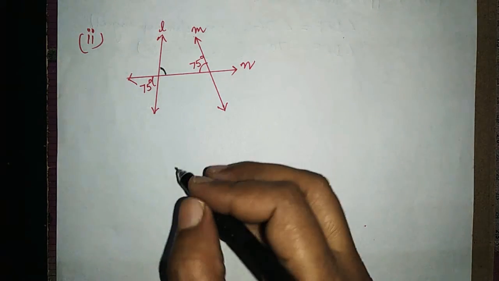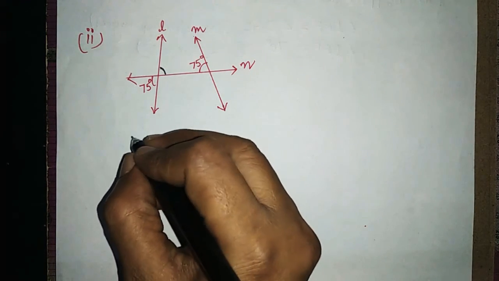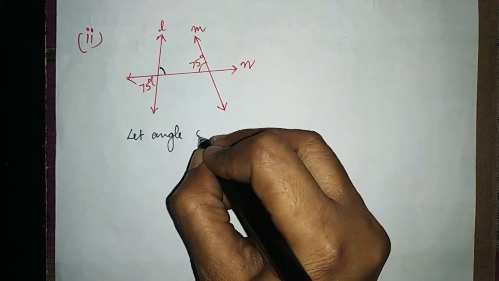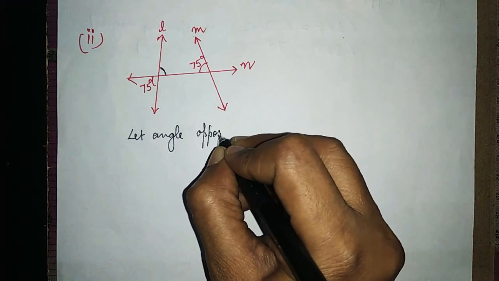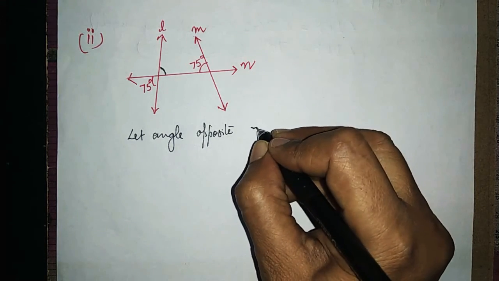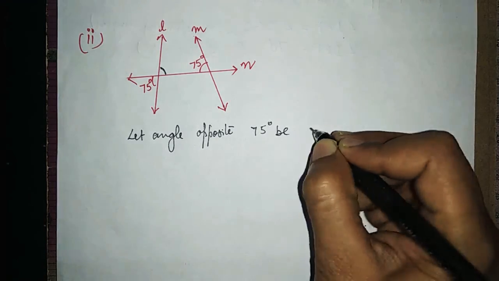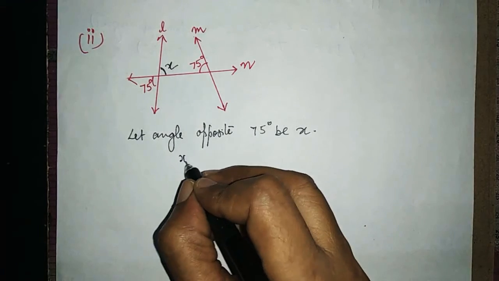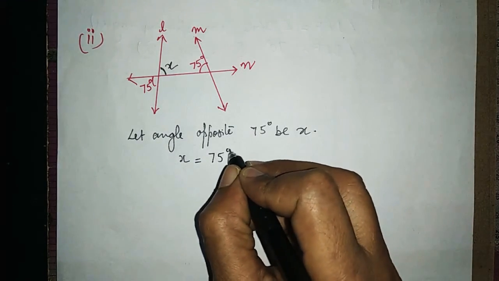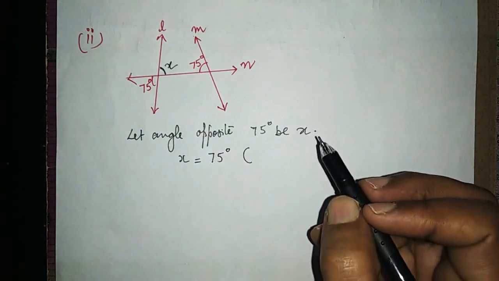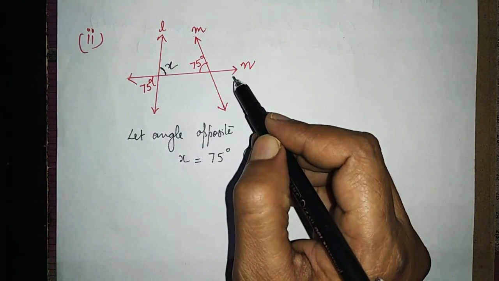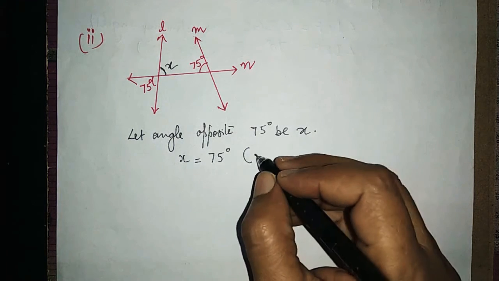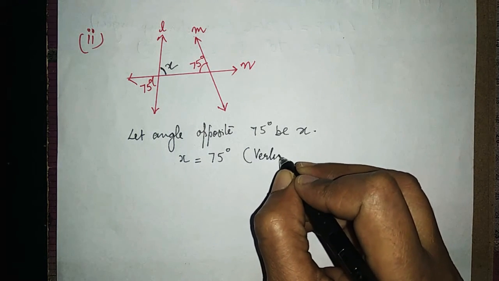So here we will write, let angle opposite 75 degree be X. So X is equal to 75 degree. Why they are equal? Because they are vertically opposite angles. Okay. So X is equal to 75 degree and vertically opposite angles are equal.